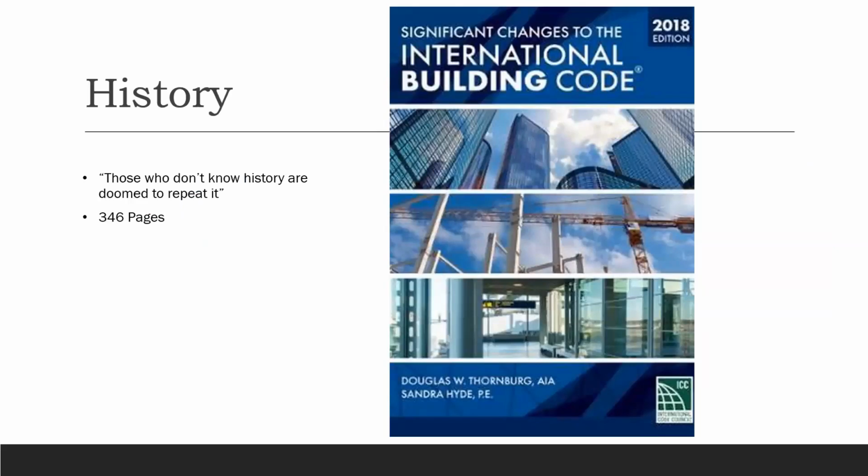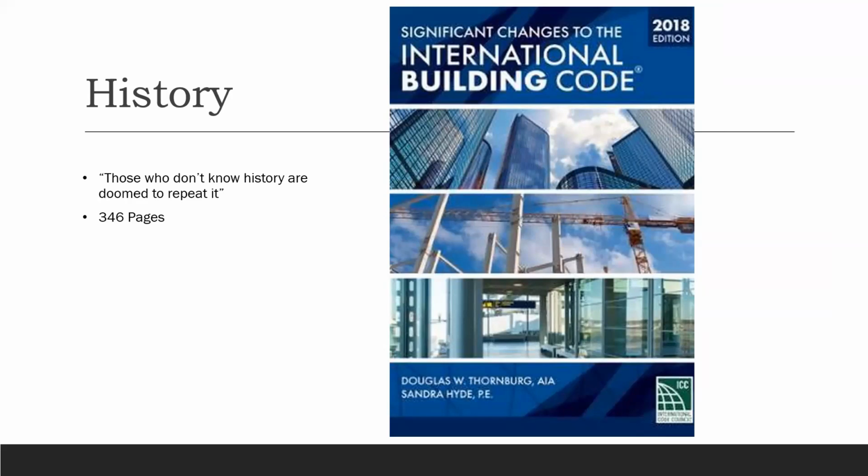So a little bit on the history of the International Building Code. The famous saying is, of course, those who don't know history are doomed to repeat it. So they designate a specific book to what changes are made and why. It's called Significant Changes to the International Building Code. This is the 2018 edition I have here, and it is 346 pages long.